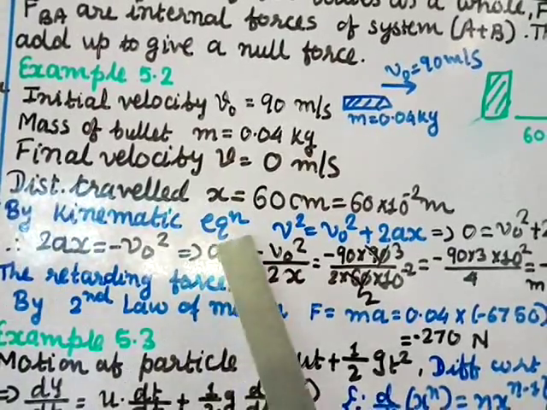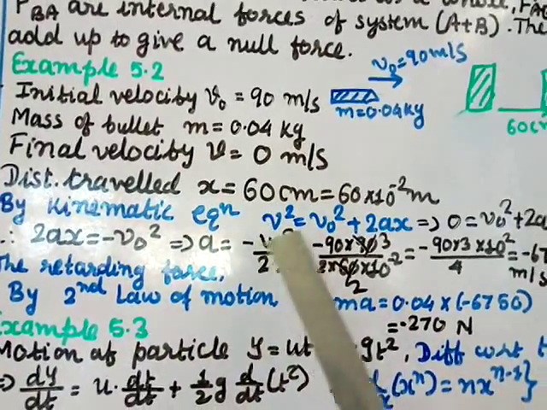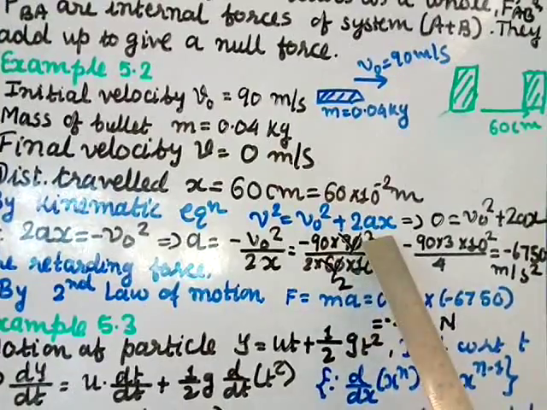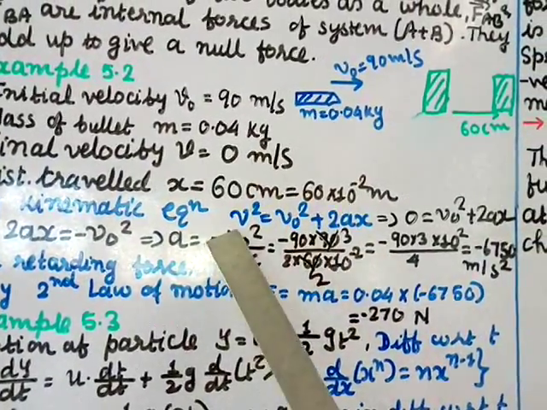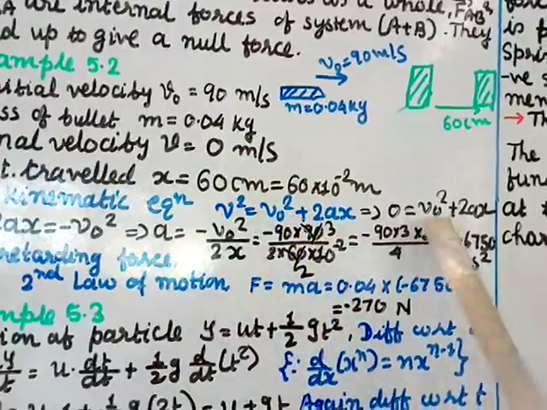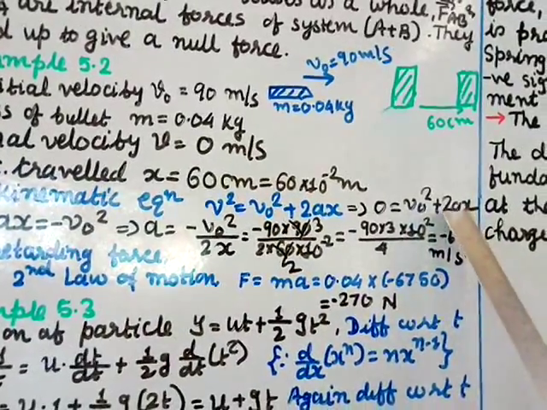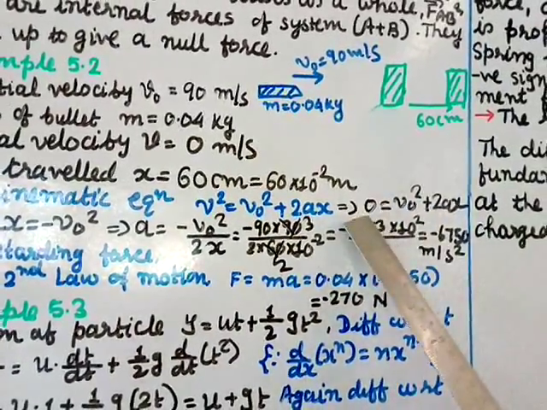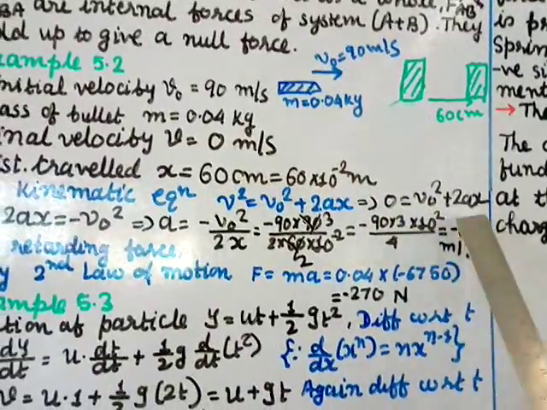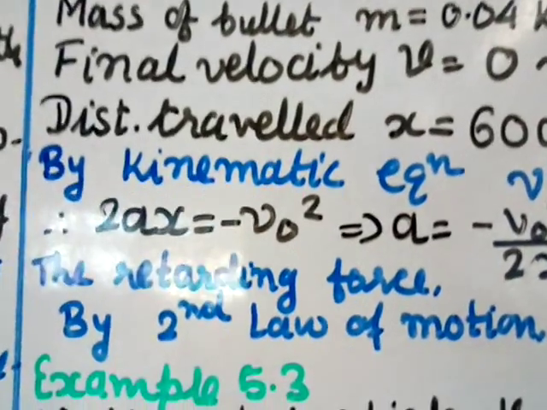Now by the kinematic equation, we know this equation, v square equals v naught square plus 2ax, right? Now let us put the value v equal to 0. So 0 equals v naught square plus 2ax. Now if we transfer v naught square over here, it becomes negative, right? So what you get here is 2ax equals minus v naught square.